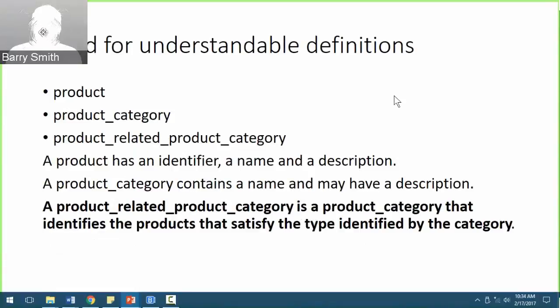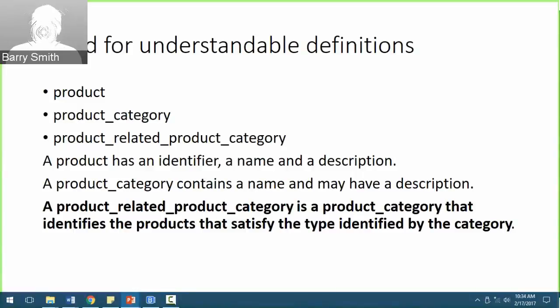Another example of the problems I see with OntoStep: we've learned that product-related product category is not a good type of ontology term, because product-related can mean anything. If I say human-related, or NIST-related, I'm not telling you anything about the term being defined.